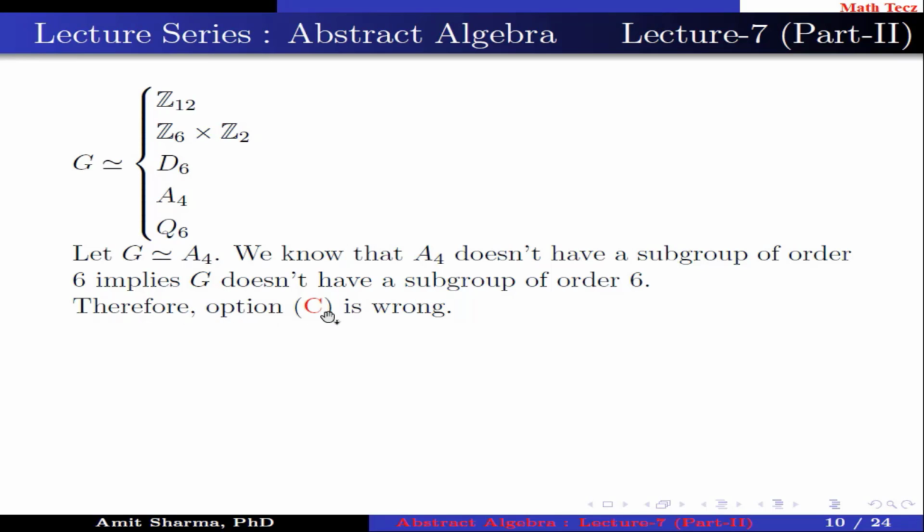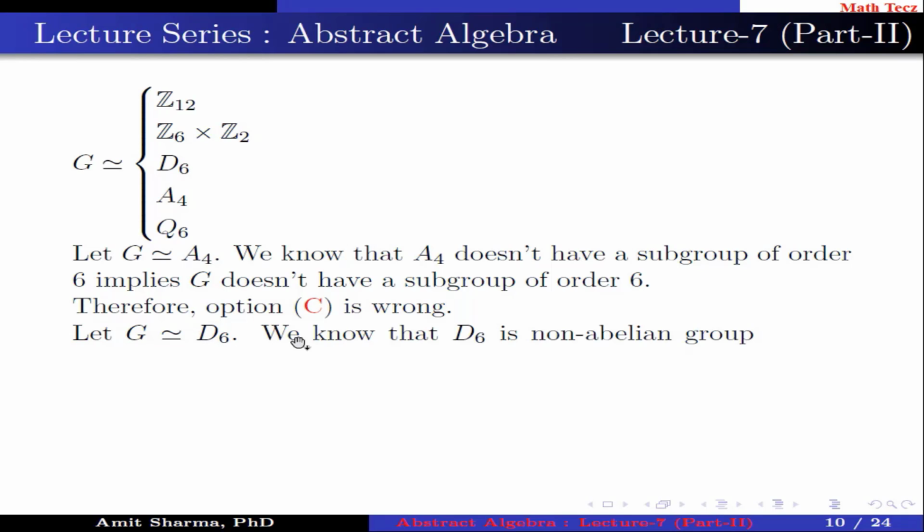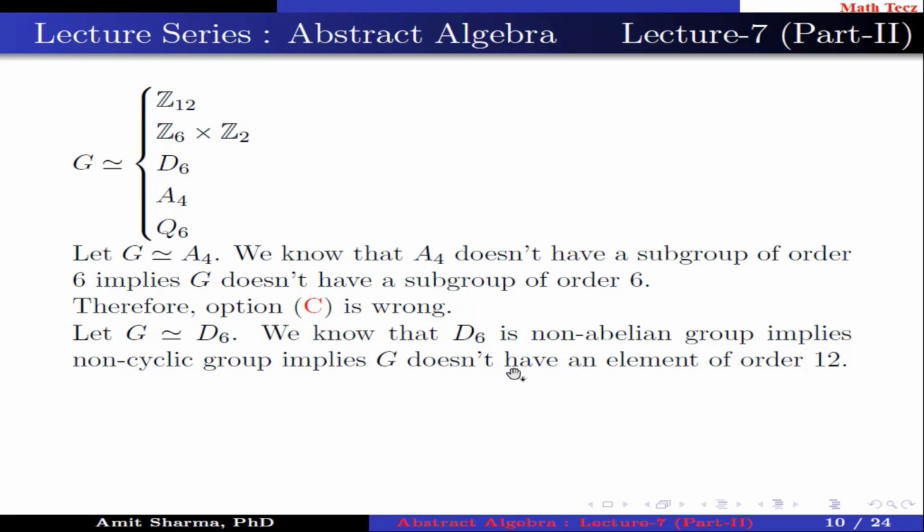Therefore, option C is wrong. Let G be isomorphic to D6. We know that D6 is a non-abelian group, implies non-cyclic group, implies G doesn't have an element of order 12. Therefore, option D is wrong.